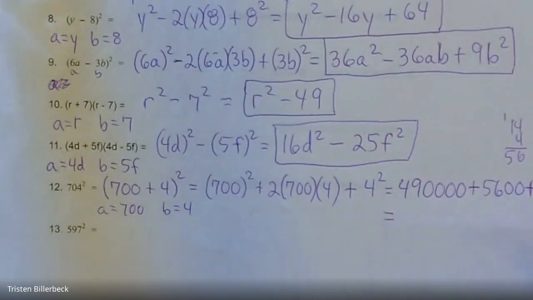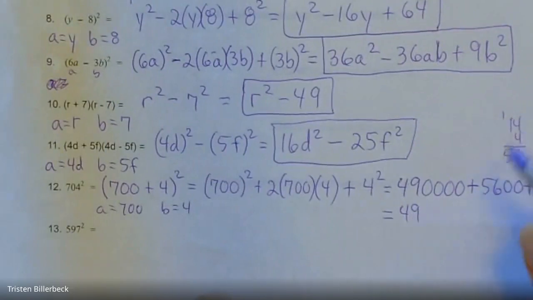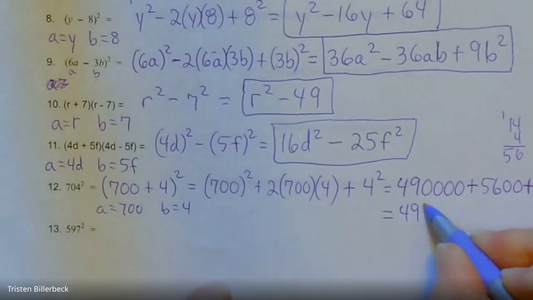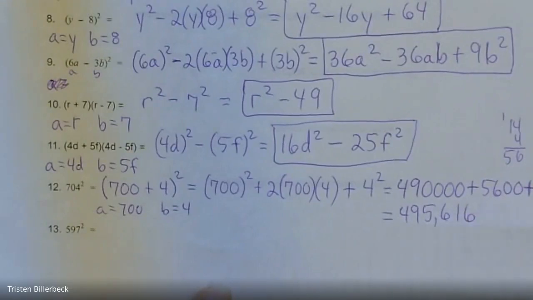So the final answer, drum roll, is, okay, so nothing is there except here, so we are going to write 490,000 plus 5,600 plus 16, which is 495,616. Wow, that's pretty incredible.